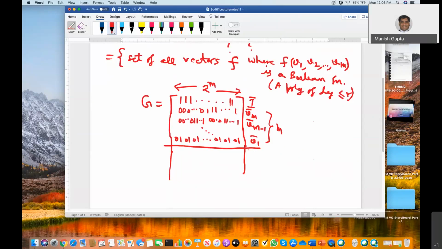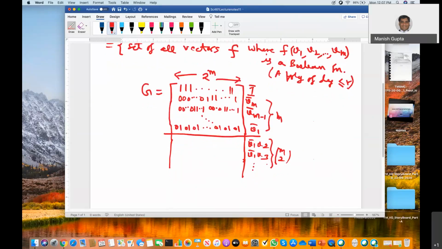So our vectors will be v1 v2, v1 v3 and so on. Basically these are m choose 2.